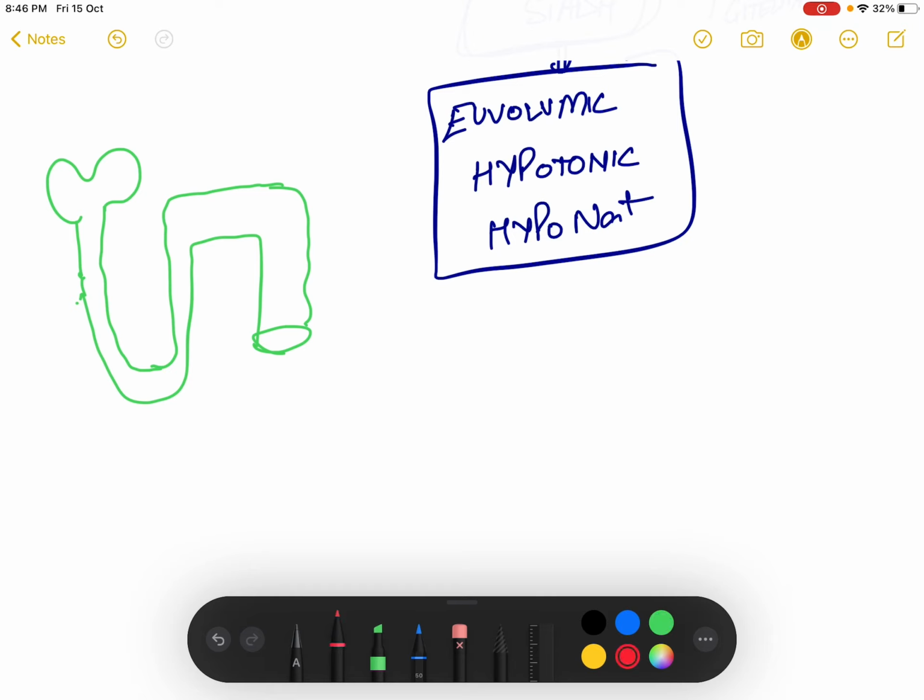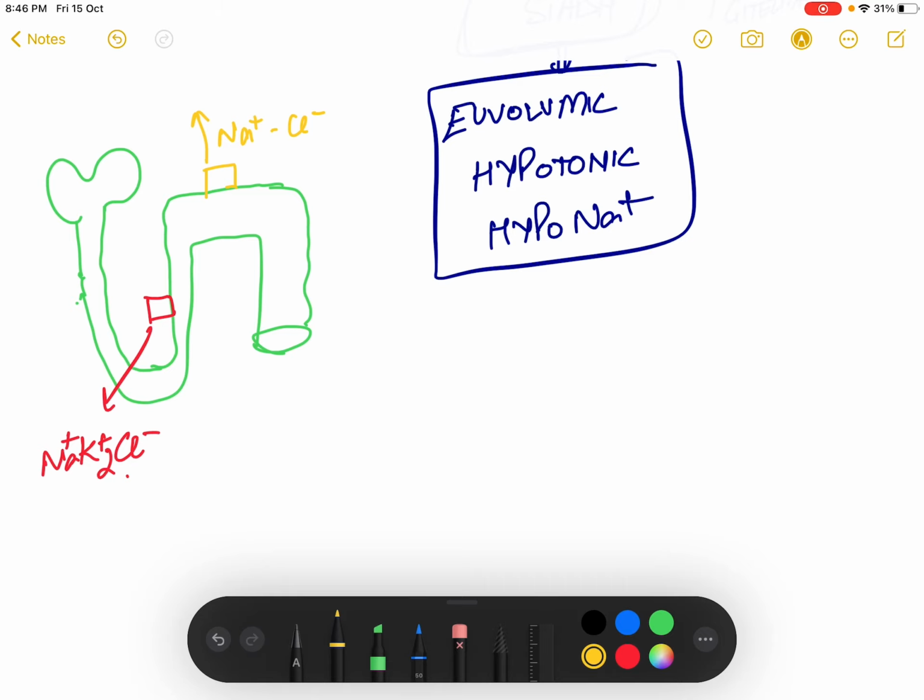So there are two channels. One channel is located here. This channel is named as sodium potassium 2 chloride, and another channel is in DCT, which is sodium chloride co-transport. The function of both of these channels is to take sodium in from the urine, that is to reabsorb the sodium that has been lost in the urine.